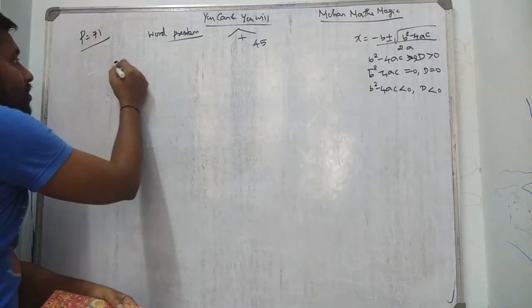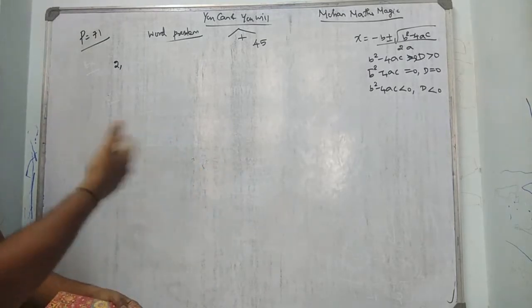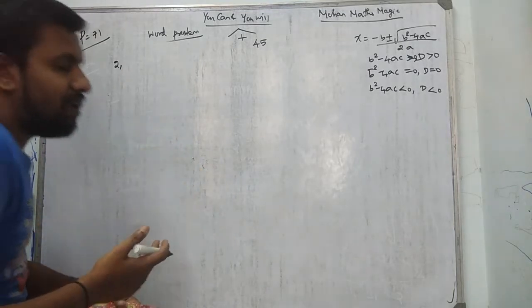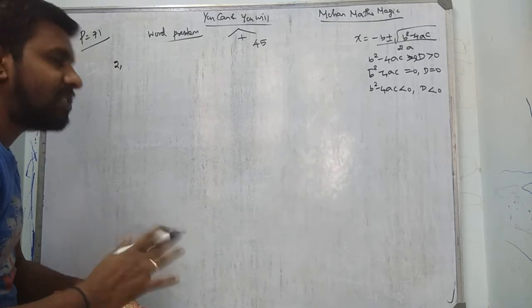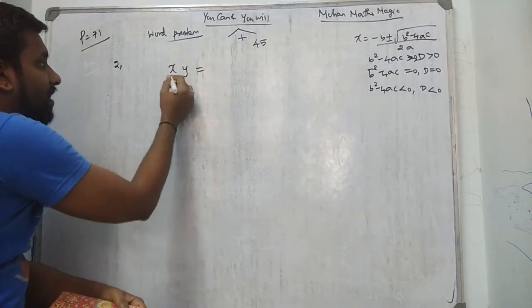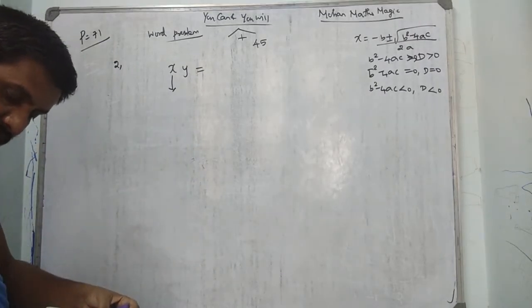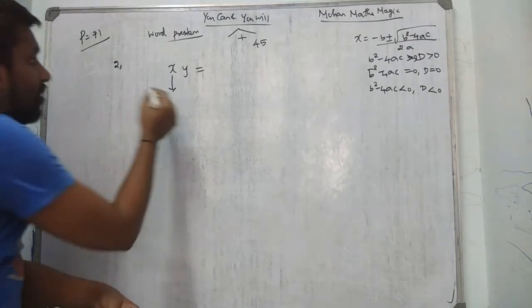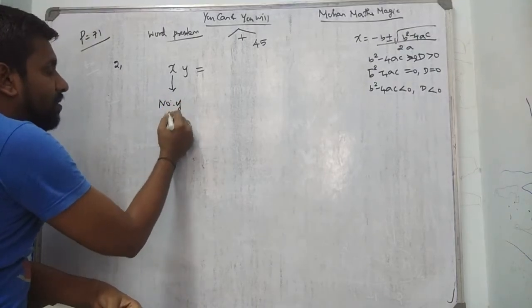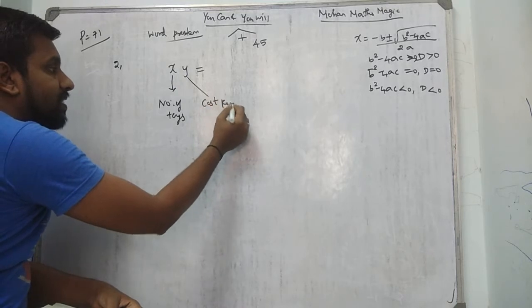So now what I am giving is a small hint: cost of production. Suppose they are having a tour, number of students and how much they are paying. Like this the sum comes. You have to imagine x, y, where x is, what is the x they given you? x is number of toys, y is cost. Okay, x is number of toys produced by the company, y is cost per toy.